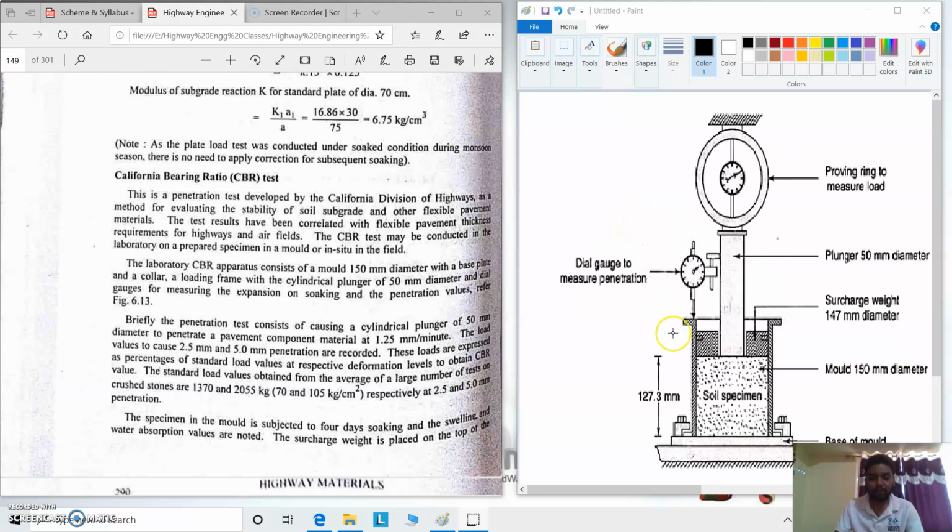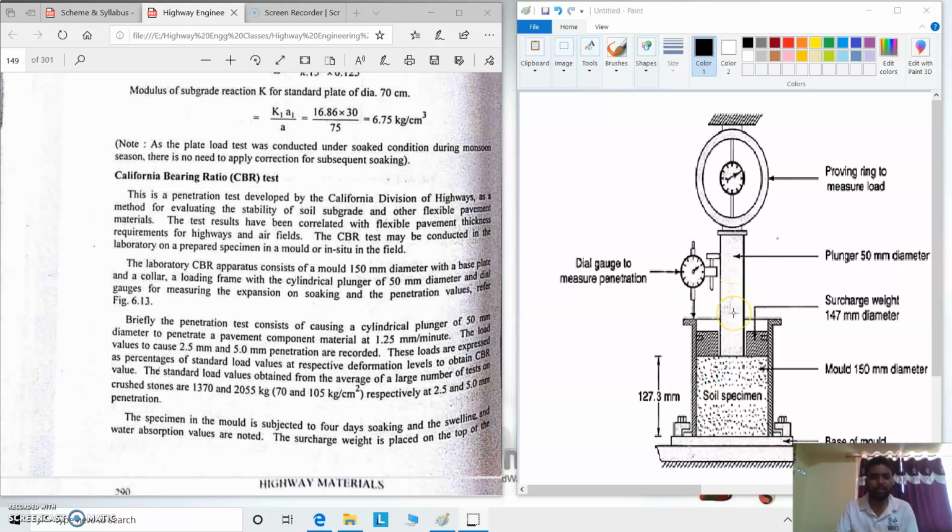This apparatus has a mold with a diameter of 150 mm with base plate and collar, and a loading frame with a 50 mm diameter plunger, and a dial gauge fixed to the mold, which will measure the settlement of the soil specimen because of the load.